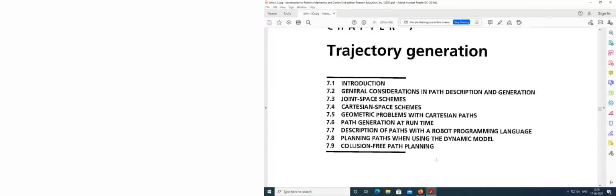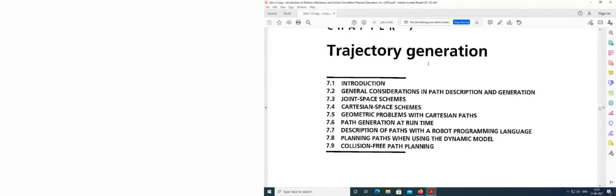But in between, the joint variable values are going to change with respect to time, and what kind of function is going to be there? By choosing those functions we are planning the trajectory of the end effector or trajectory of the whole manipulator. So how are we going to do that?